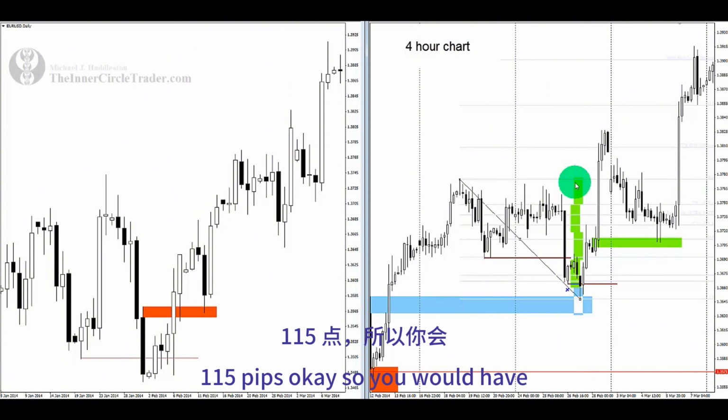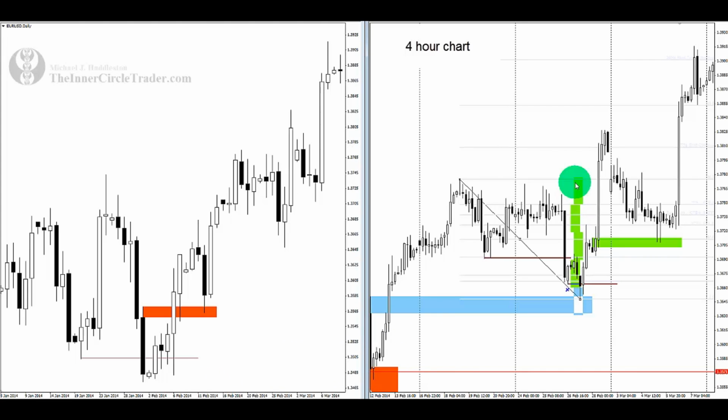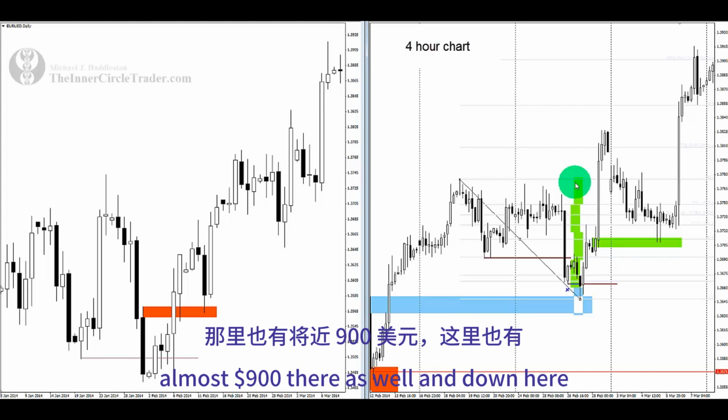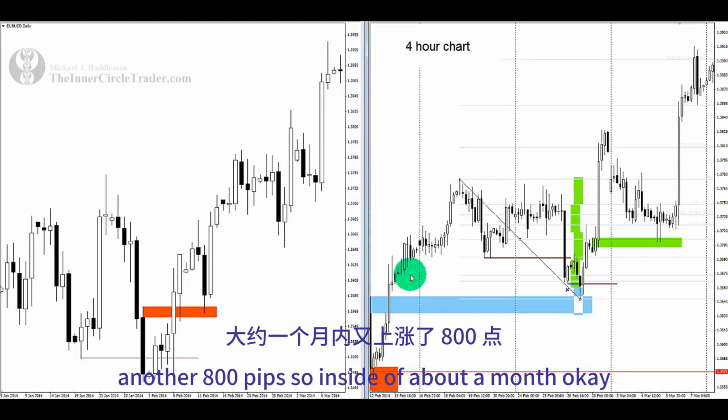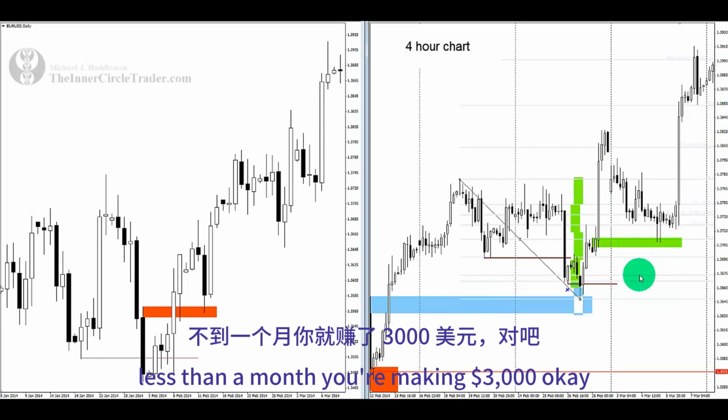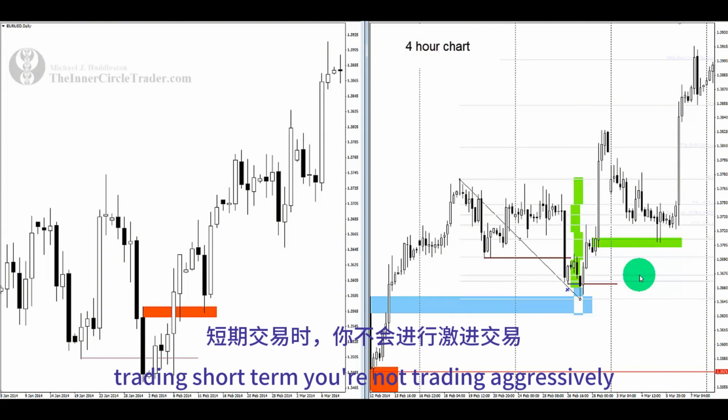So you would have almost $900 there as well. And down here, I think we figured out it was 100 pips or so. Again, another 800 pips. So inside of about a month, less than a month, you're making $3,000 trading short term.